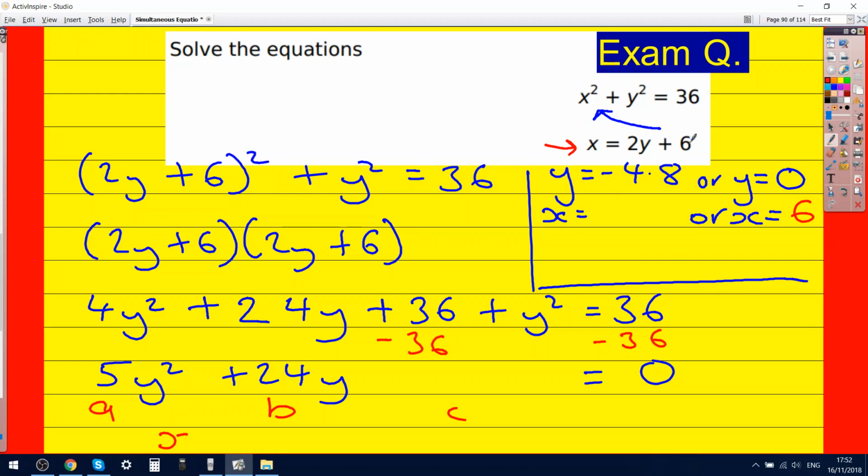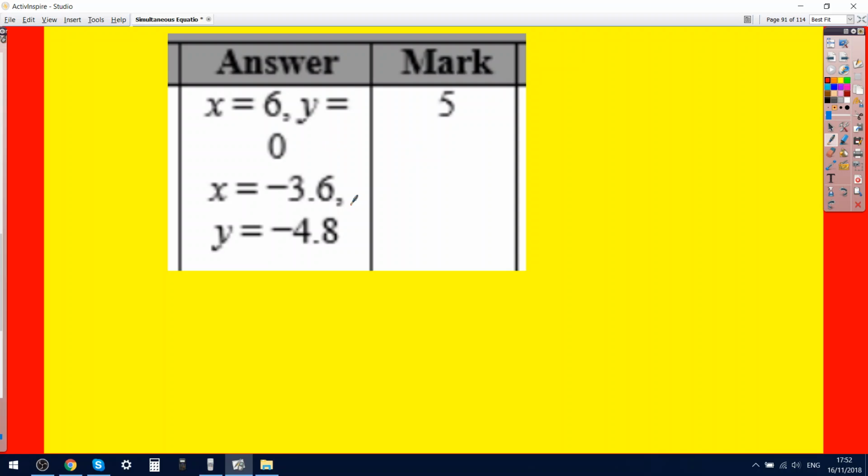X equals 2 times y plus 6, and y is minus 4.8. So minus 4.8 times 2 plus 6. It comes up with minus 3.6. So x is minus 3.6 when y is minus 4.8, and x is 6 when y is 0.